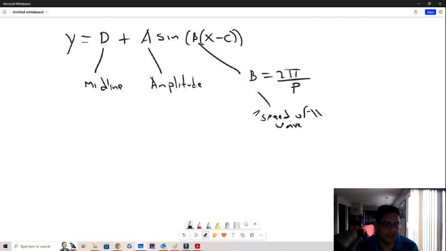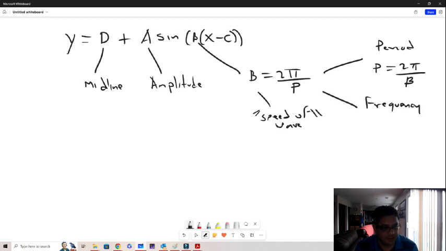There are a couple of relationships tied to this. Of course, the period can be computed backwards, so 2 pi over b. And there's going to be the frequency of the wave, which is how much it will take to make a full turn of the unit circle. The frequency can be considered as 1 over the period.